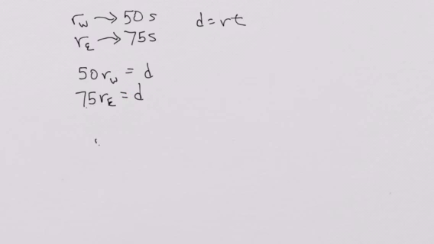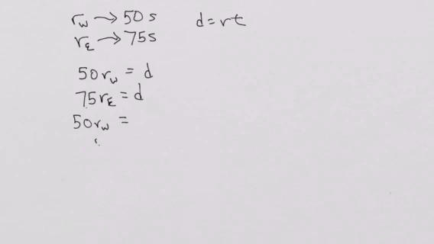So then I've got a system of equations, and I can say that 50 R sub W equals D. Wait, let me do this.